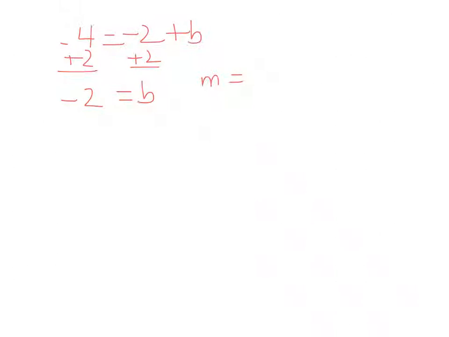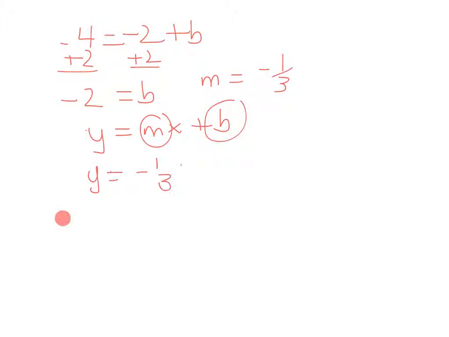If you remember, my slope was -1/3. Okay, so my slope is -1/3. y equals -1/3 x plus b.